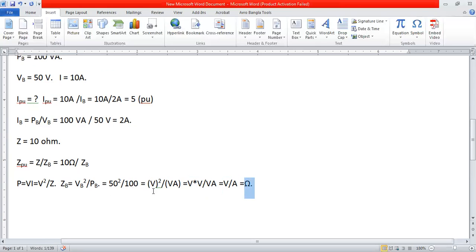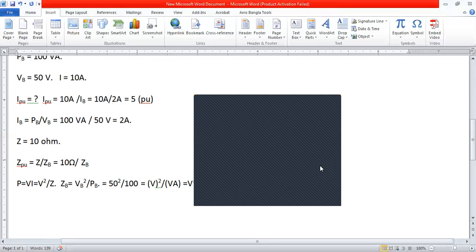So by using this calculation, we can calculate the base value of impedance. After finding the base value of impedance, if we put it here, then we will get the per unit value of impedance. So this is a very simple equation.